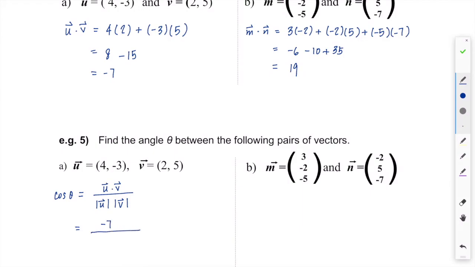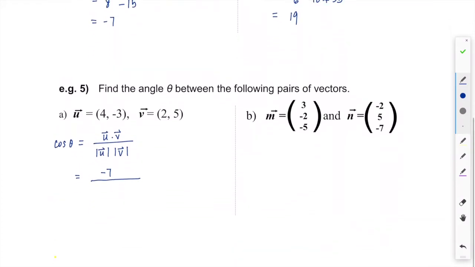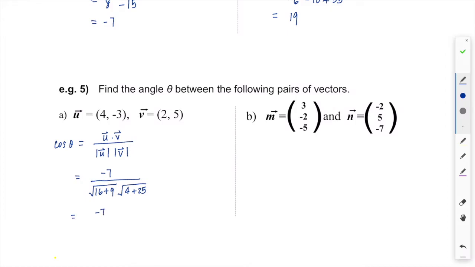Now let's find the magnitudes. 4 squared is 16 plus 3 squared, 9, times 4 plus 25. Here we have negative 7 over the square root of 25, which is 5, and then the square root of 29. To find theta, we take the arc cos of this ratio, and we get 105 degrees, rounded to 3 significant figures.